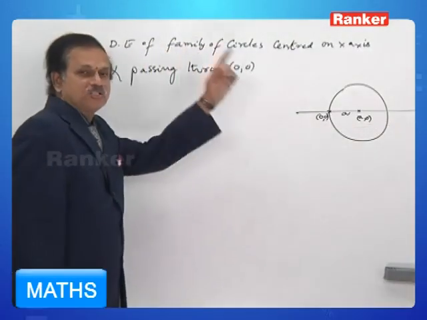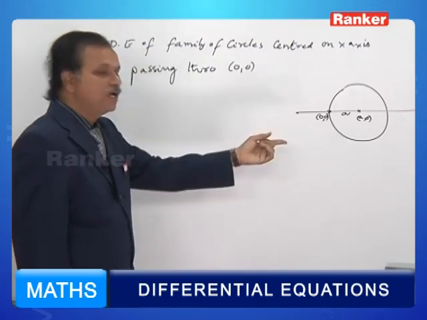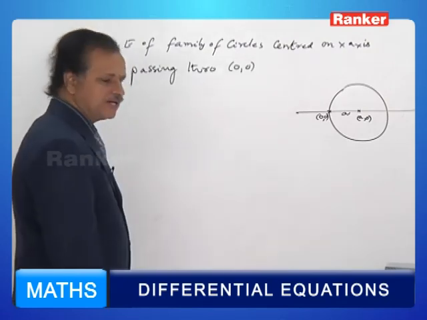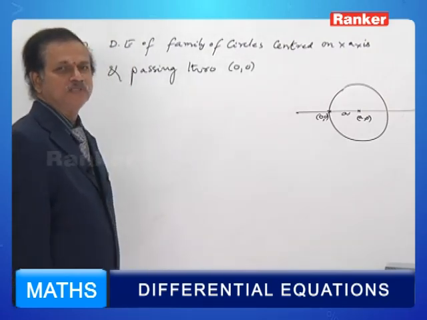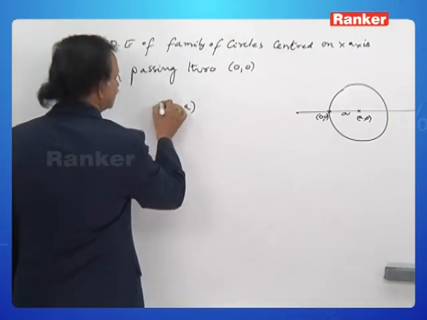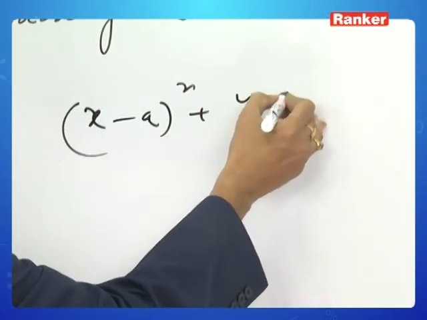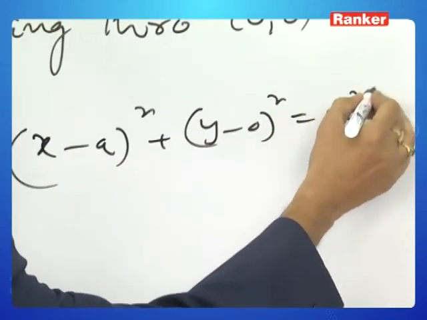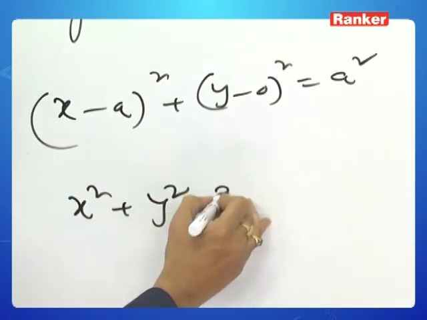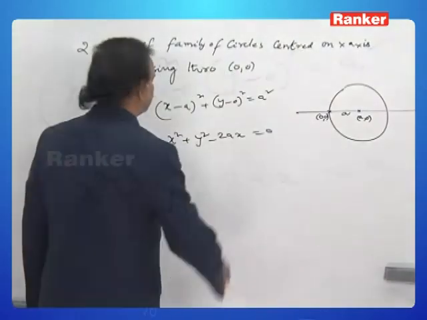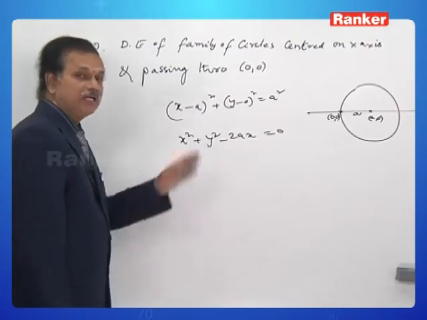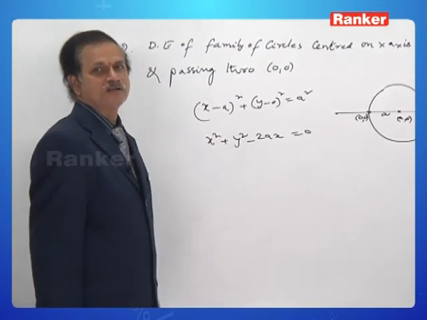So, by understanding the sentence given in the question, you can view the system and immediately you will be able to have the equation of the system. What is the system of circles here? (x minus a) whole square plus (y minus 0) whole square is equal to a square. Hence it is x square plus y square minus 2ax is equal to 0. This is the equation of the system, not the differential equation.